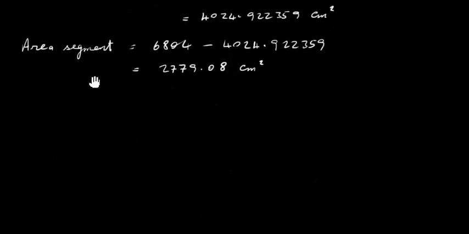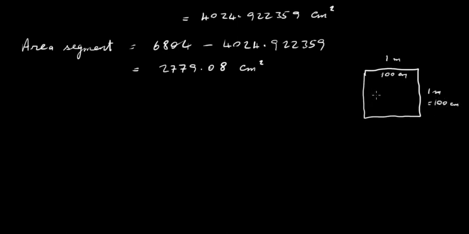So you've got to convert this centimeters squared to meters squared. If you've got a meter times a meter, say 1 meter and 1 meter, this is 100 centimeters by 100 centimeters. If we multiply 100 by 100, we get 10,000 centimeters squared.